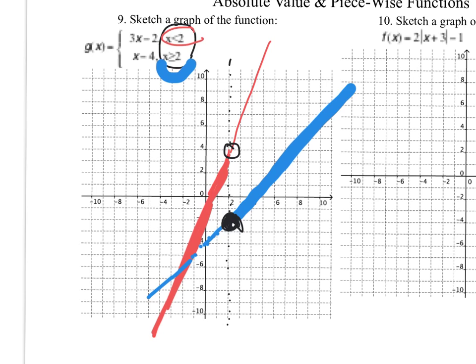If I wanted to be really good, then I could erase the lines that aren't supposed to be there like this. And you're left with just those pieces.